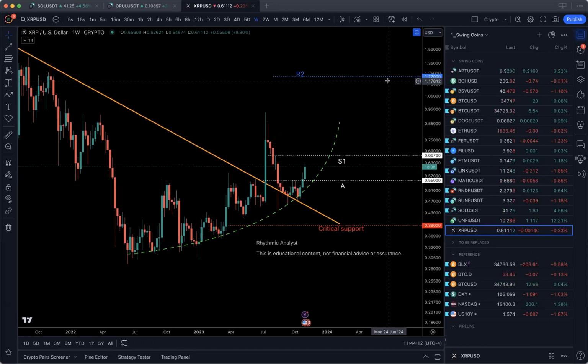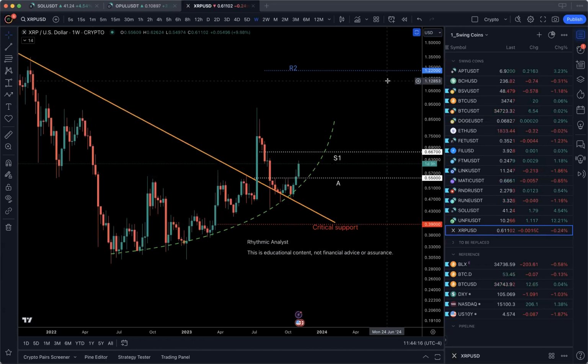For example, yesterday I tweeted that TA is simple, but what to apply when is difficult. What you have observed is that my method is so simple, but it's different for different coins.